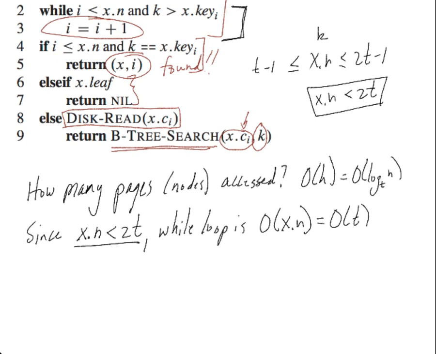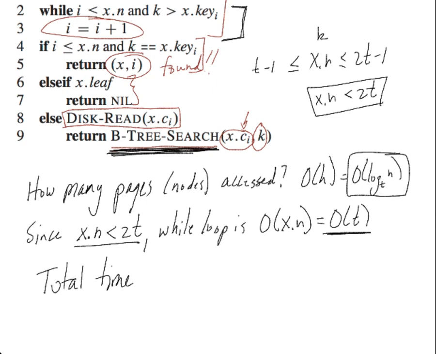Okay, so if the number of pages accessed is order log base t of n, then that's the number of recursive calls we're going to be making, because we're making a recursive call for each node or each page. And for each recursive call, we're iterating t times, which is constant across all recursive calls. So the total time is going to be order t log base t of n for the search.